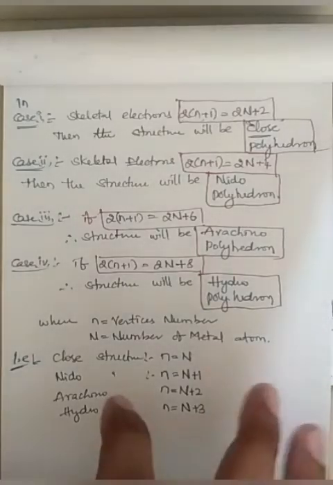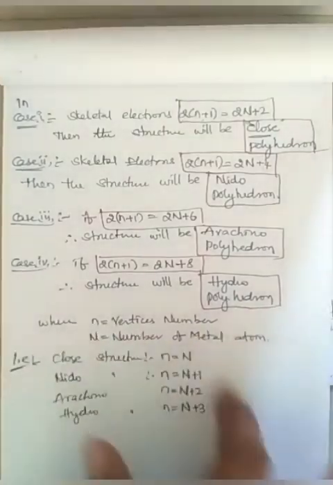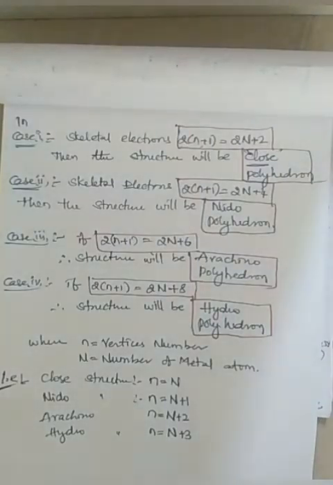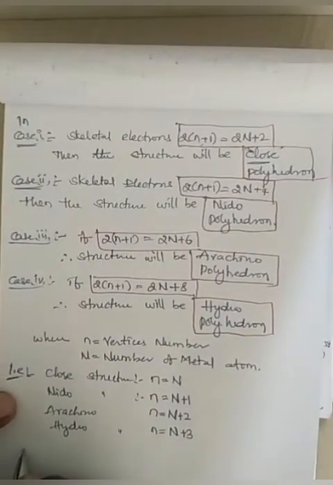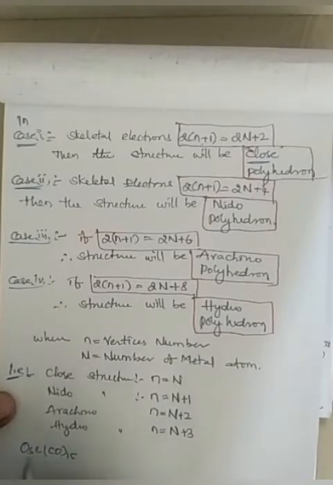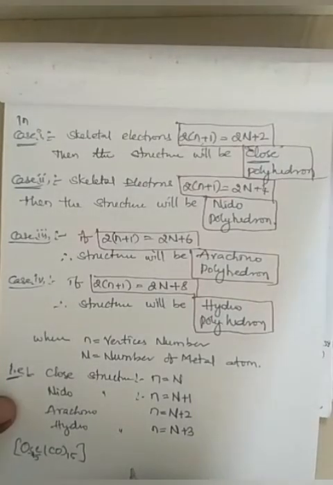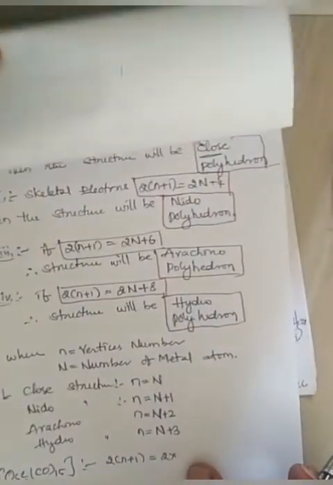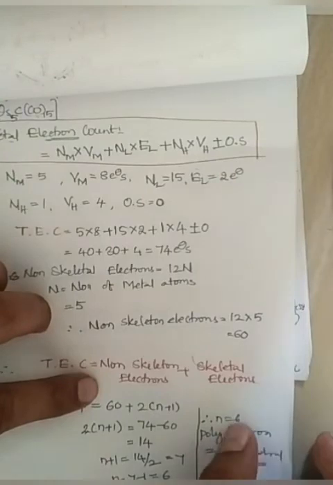So when we adapt this phenomenon to the first example we discussed, the 15 carbonyl pentaosmium cluster, it has 2 into n plus 1, which is equal to 2 into the number we have calculated, the vertices number, which we calculated as 6.